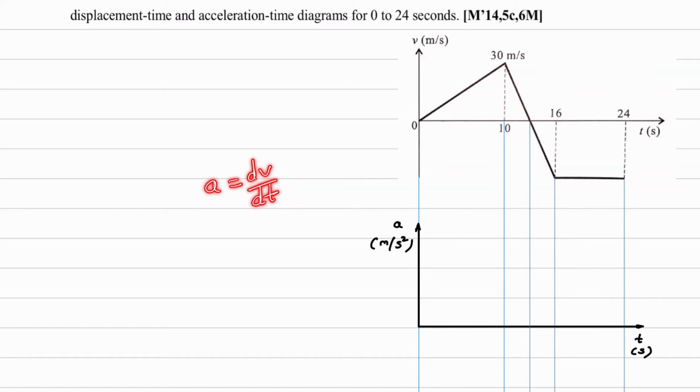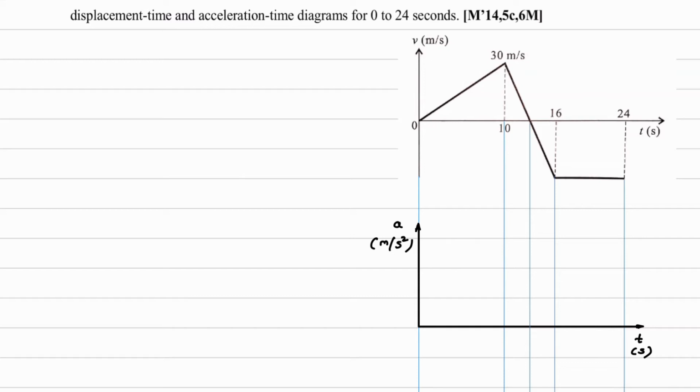Now the slope of the VT diagram is constant from 0 to 10. So acceleration will be constant, and here you will have a line like this. The magnitude will be positive. What about this part? It will be negative, but will it be horizontal, meaning constant acceleration, or variable, or parabolic or cubic? It will be constant.